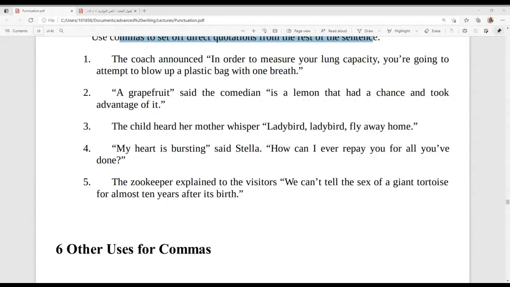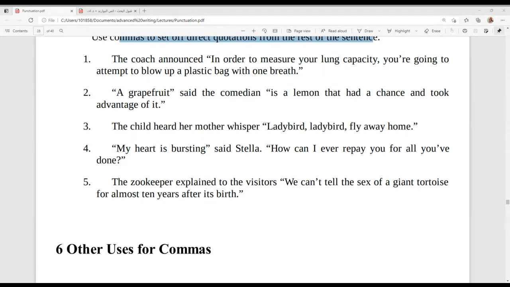A grapefruit, said the comedian, is a lemon that had a chance and took advantage of it. Yeah, the comma must be after fruit directly inside the quotation and before the comedian. Said the comedian, comma.